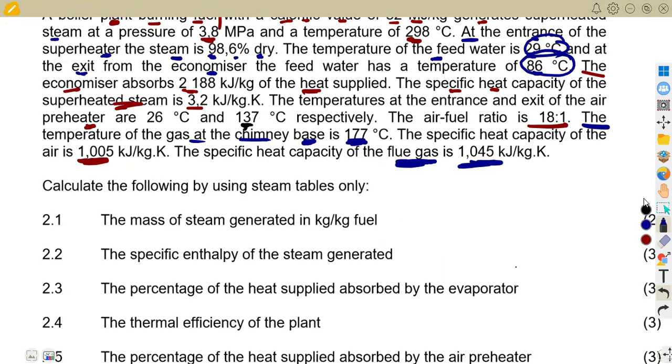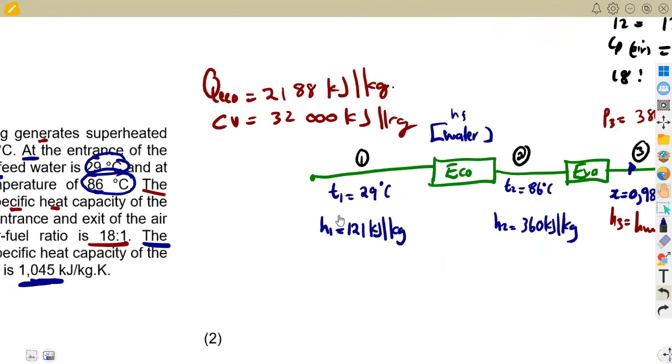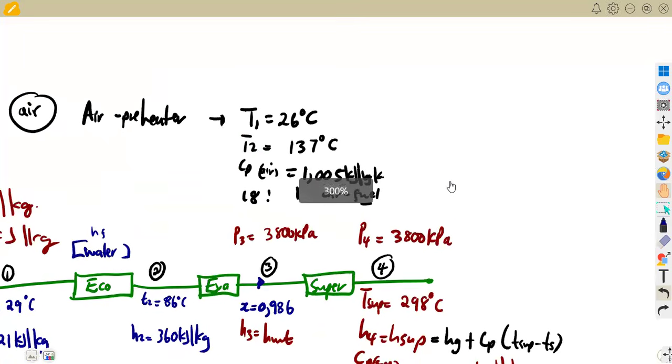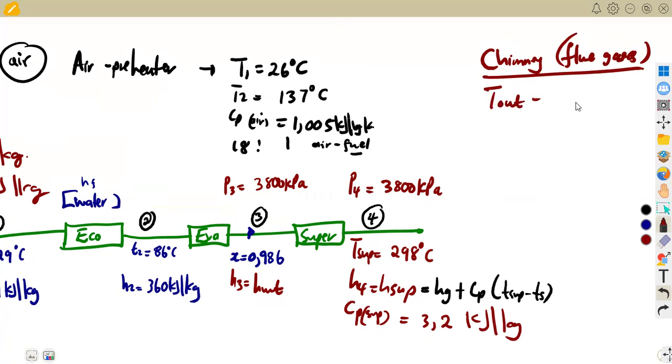So the T that we're given is the temperature out. The best temperature is the T out of the chimney. So on the chimney, we are talking about the flue gases. We are given the temperature of the chimney, which is T out, which is 177.